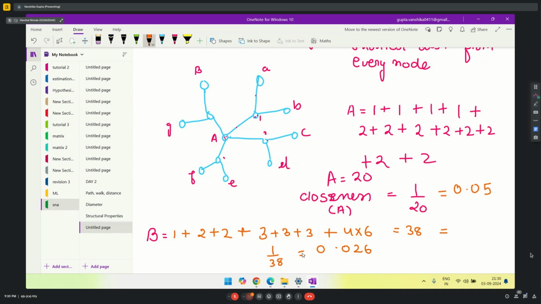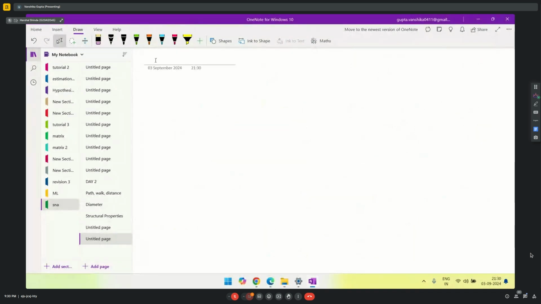Next topic. Let's move on to the next topic then. Next one is betweenness. Betweenness means for a particular node you are checking in how many shortest paths a particular node is coming in between.